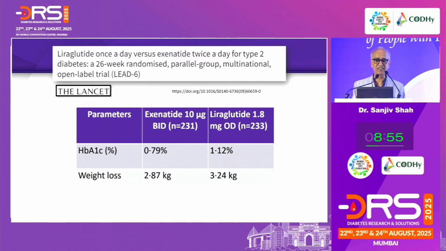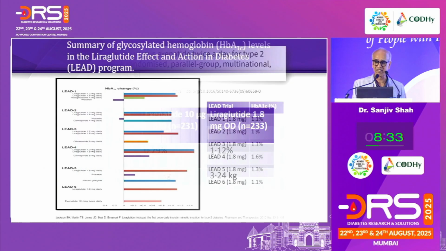So let's examine some of them. This is the LEAD 6 study, which compared the first two GLP-1RAs, exenatide versus liraglutide. Exenatide ideally should have been injected 3 times, and so it did not perform as well as liraglutide. This is close to 3 kg weight loss at the highest dose of liraglutide, with an A1C reduction.